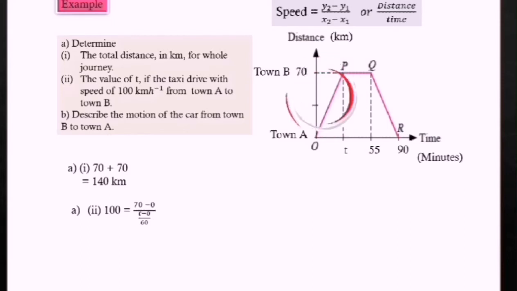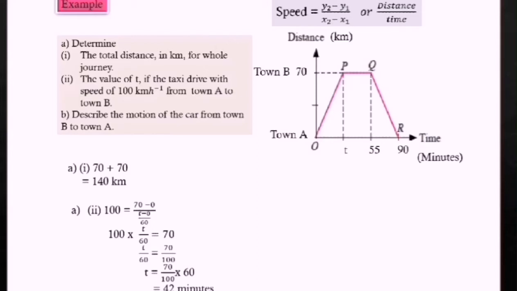So 20 minus 0 must divided by 60 because we changed the unit to hour. So 100 times t over 60 equal to 70. T over 60 equal to 70 over 100. T equal to 70 over 100 times 60. T equals to 42 minutes.